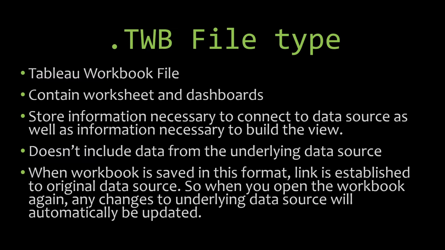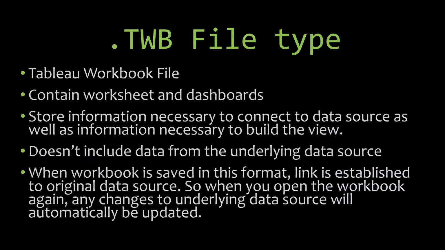Then you have the TW file type. TW stands for Tableau Workbook File. It contains your worksheets and your dashboards. It stores the information necessary to connect to the data source as well as information necessary to rebuild your visualization, but it doesn't include data from the underlying data source.